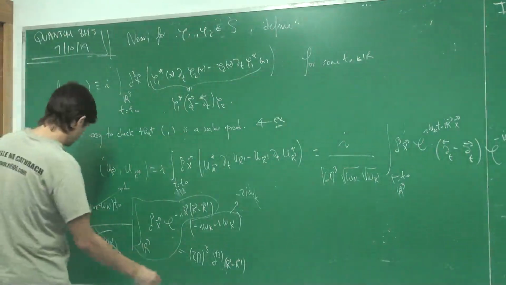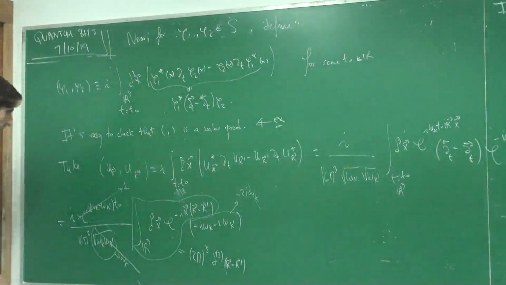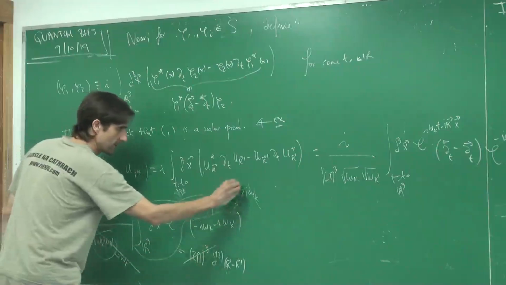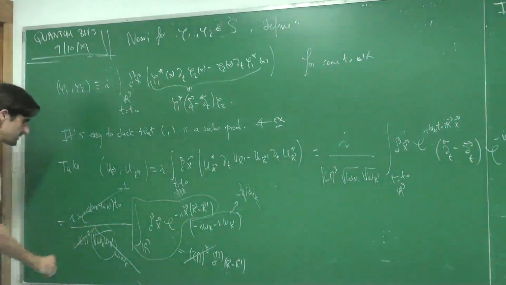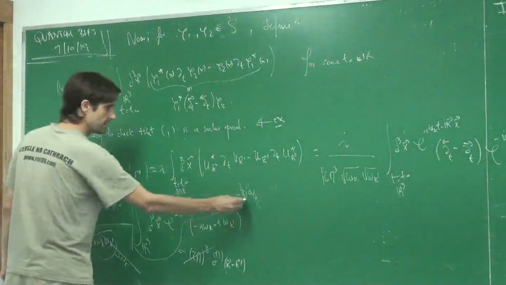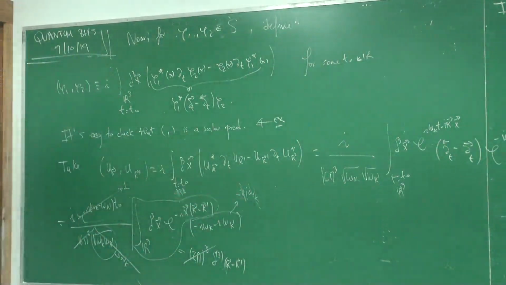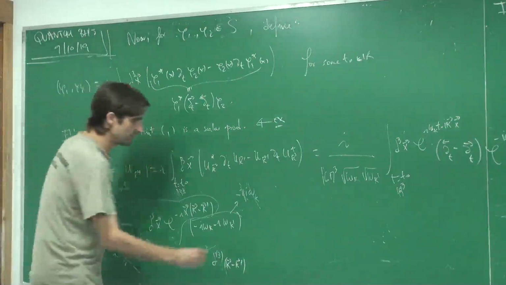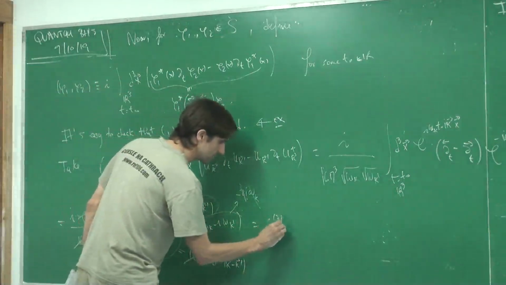The 2 pi cubed, together with the 2 here, cancels out the 16 pi cubed here, and the minus i cancels out with the i. So all that's left is the delta cube.